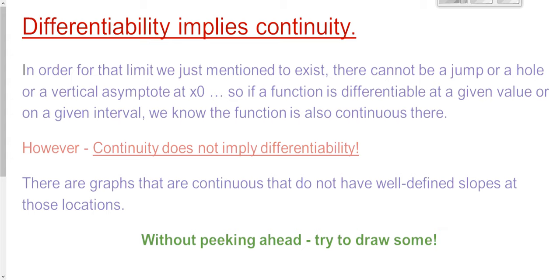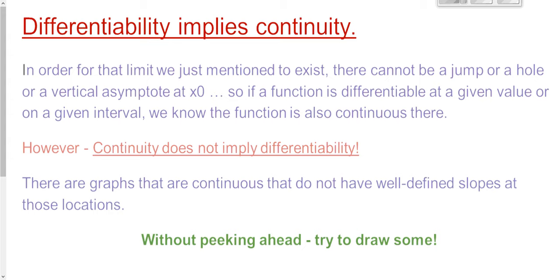This is a key slide. Differentiability tells you that the function has to be continuous, because if I say a function is differentiable on an interval, that means the function had to exist everywhere in that interval in order for the derivative to be taken.